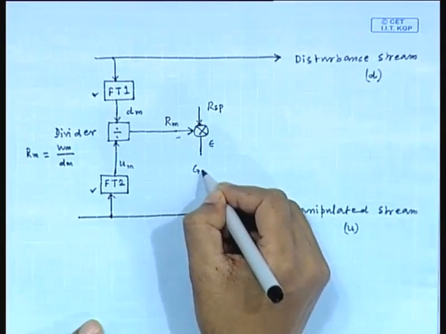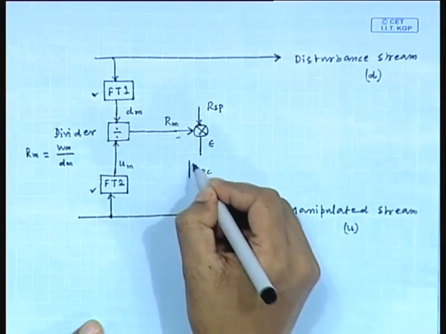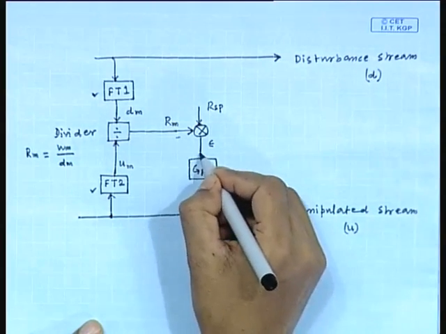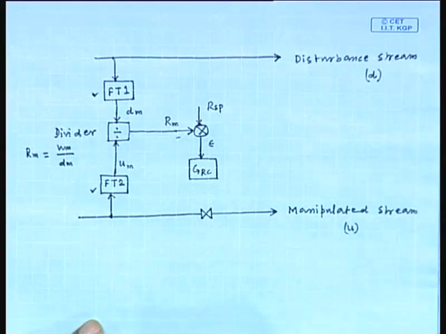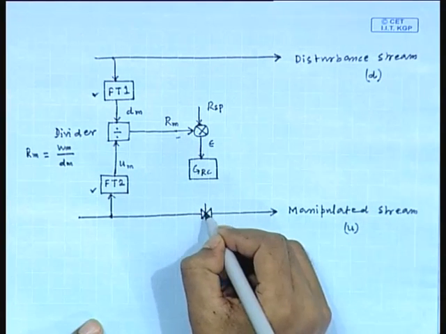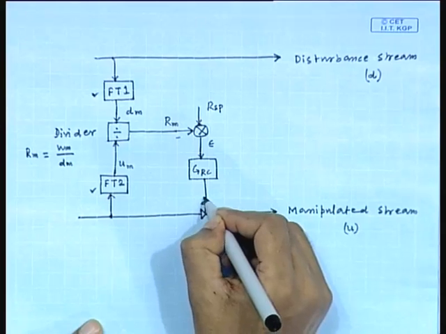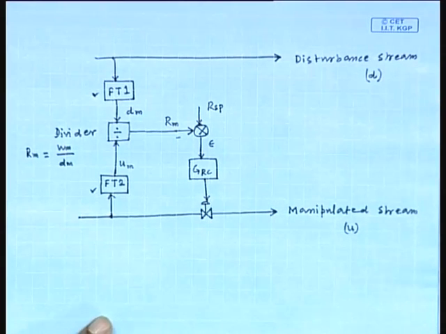Output of the comparator is the error represented by epsilon, and this output goes to the ratio controller. GRC is the transfer function of the ratio controller. Then the output of this ratio controller is implemented through the control valve.